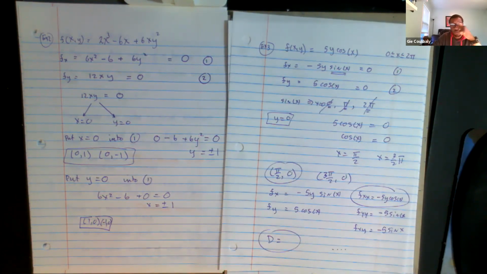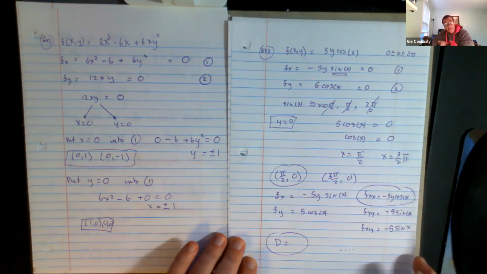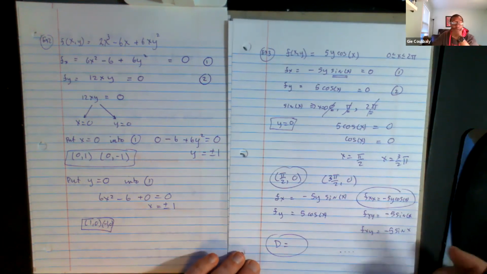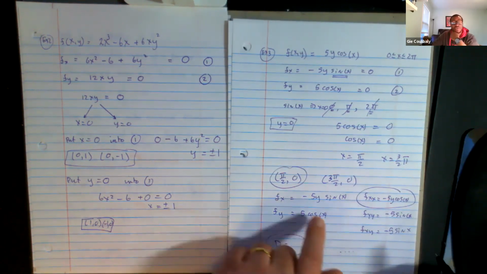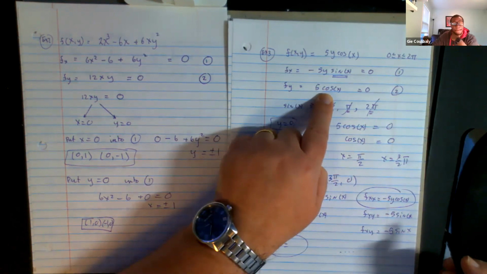Professor, I have a question. Go back to the partial derivative of f over y. You got 5x there, correct? So the second partial derivative of that should not be 0.